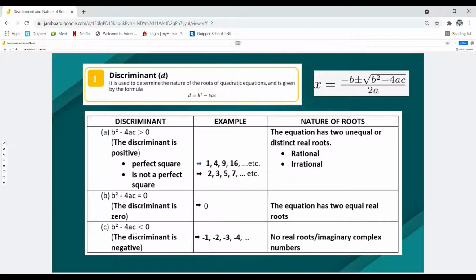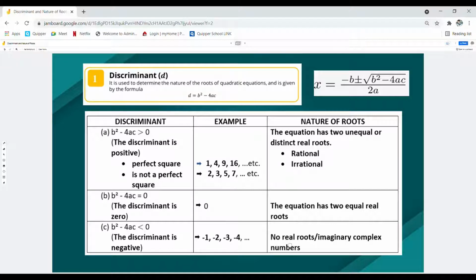What if b squared minus 4ac is less than 0? That means upon solving it, you have an answer that the discriminant is negative. Example, negative 1, negative 2, negative 3, negative 4, so on. So what is the nature of the roots of that equation? So you can say that the equation has no real roots, or you may say the roots are imaginary complex numbers.